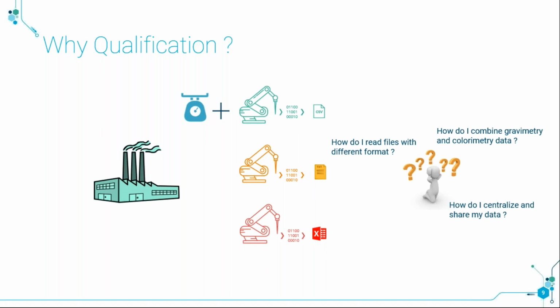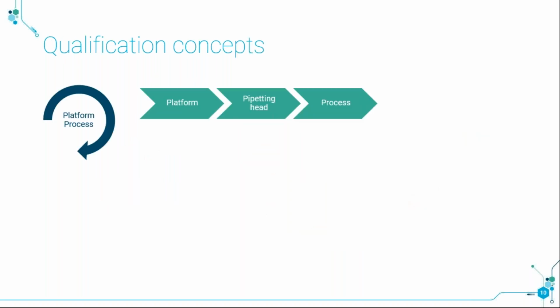Now let's talk a bit about the concepts of the application. In Discngine Qualification, there are 3 levels of information. The first one is the platform process. This is a concept that is defined by 3 things: the platform, the pipetting head, and the process.